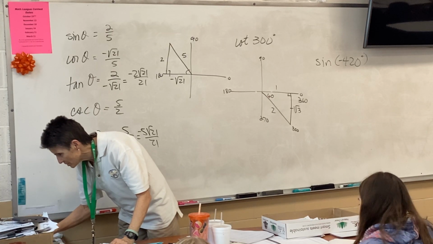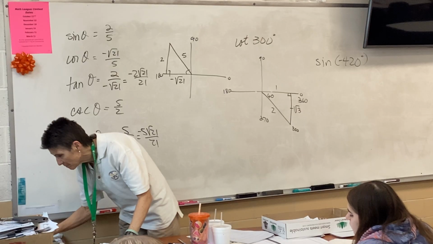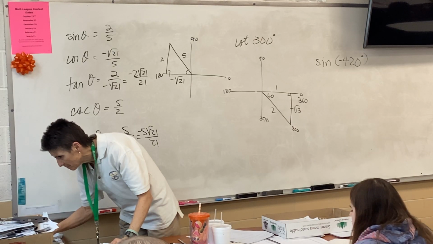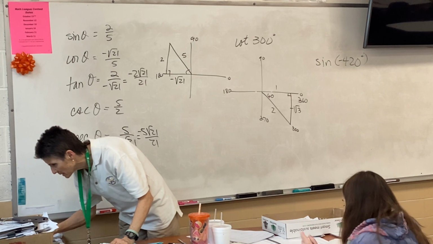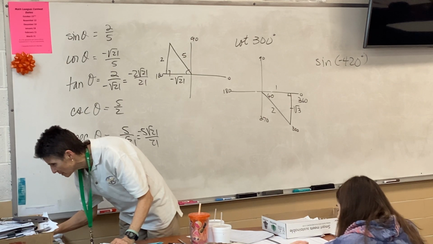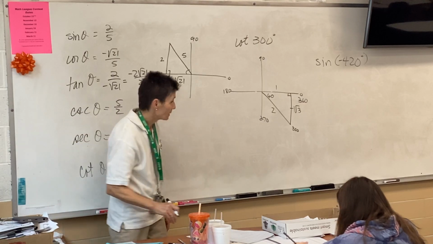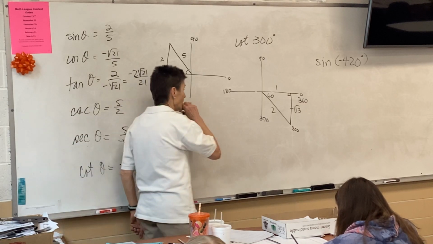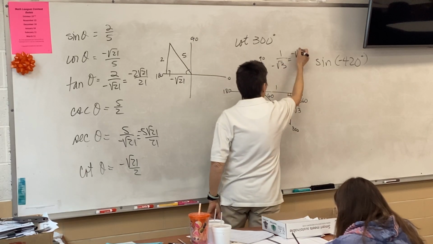Nice. And alright. Better. Alright, so what's my answer? Adjacent over opposite. Did you get negative root 3 over 3?